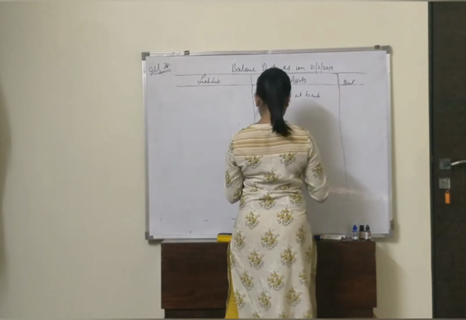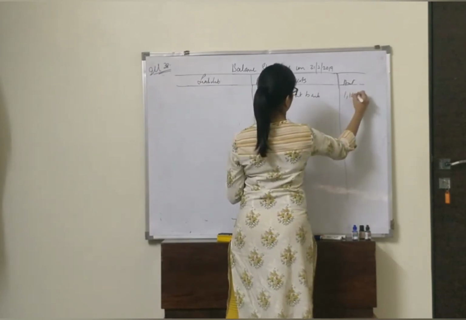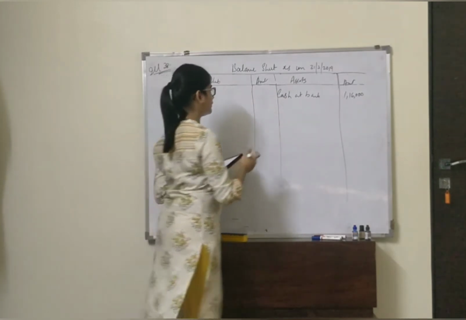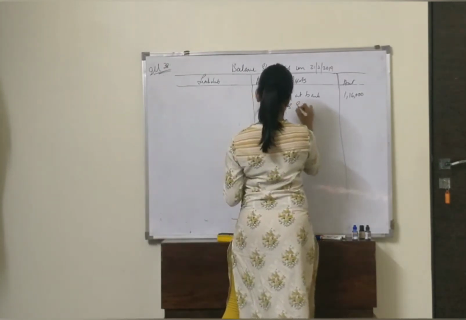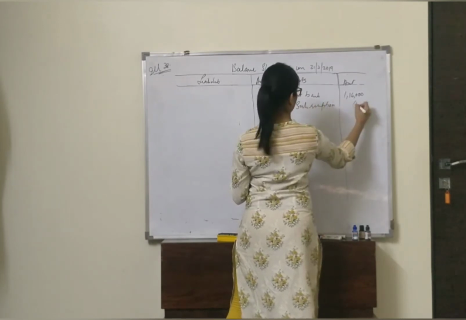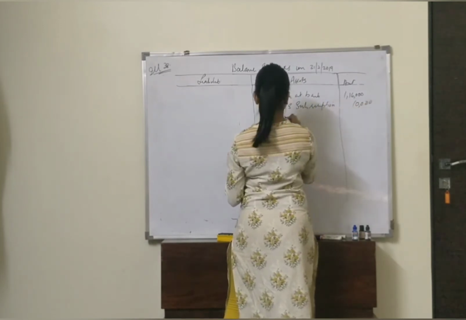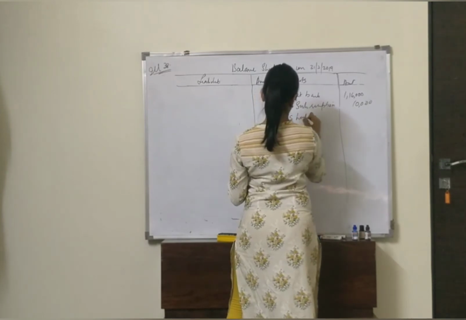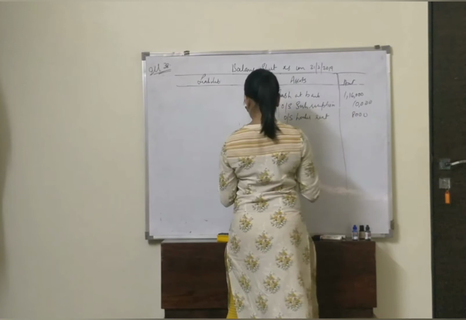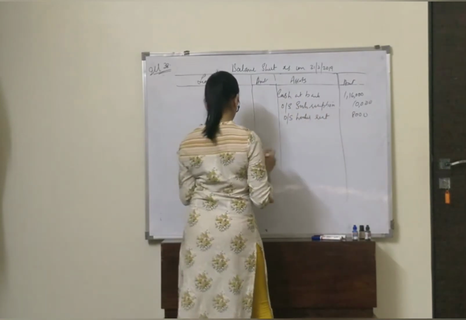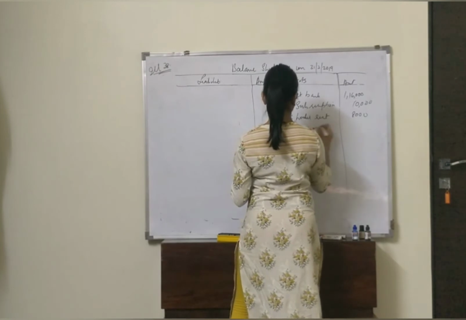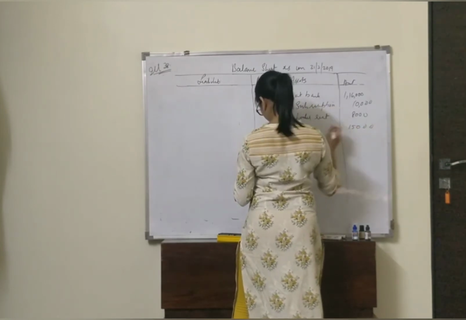How much is it? 1,16,000, our closing bank balance. Then we have outstanding subscription 10,000. Outstanding locker rent, adjustment point number 2, 8,000. Prepaid rent 15,000.